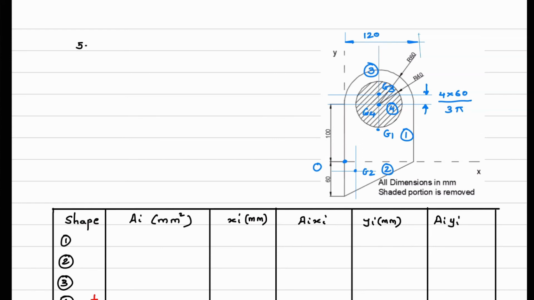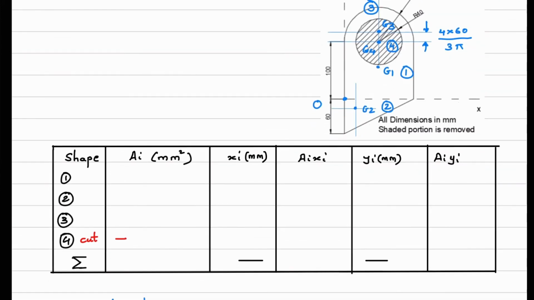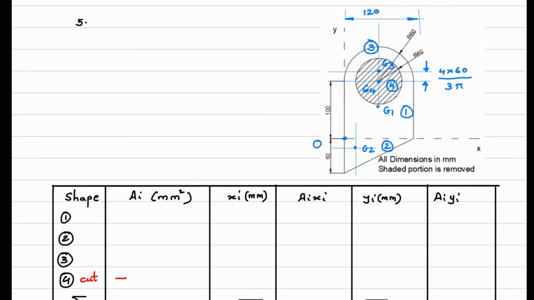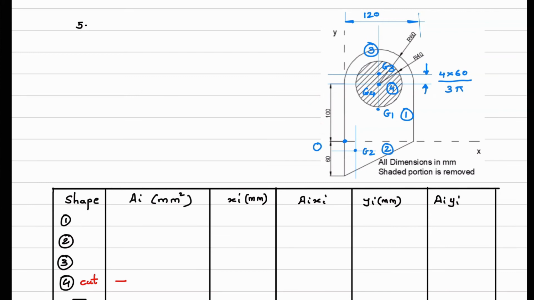Now we will write down the area of each and every geometry. So for the first shape, which is this rectangle, area will be 100 multiplied by 120. Next geometry, this right angle triangle, what will be the area?